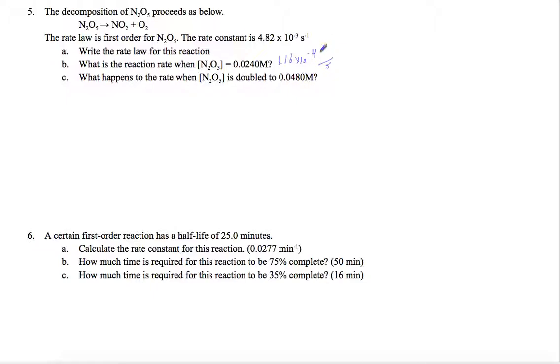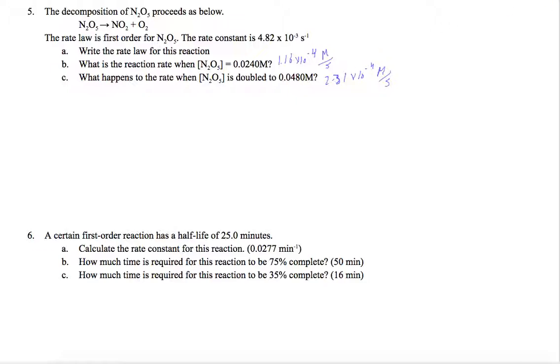I'm sorry, I thought that was the rate law. Molar per second, and this one is going to be 2.31 times 10 to the minus 4th molar per second. It's just doubled because the concentration is getting doubled. That's the rate. So you're plugging in for the constant. You have the constant, plug that in, and solve for the rate.